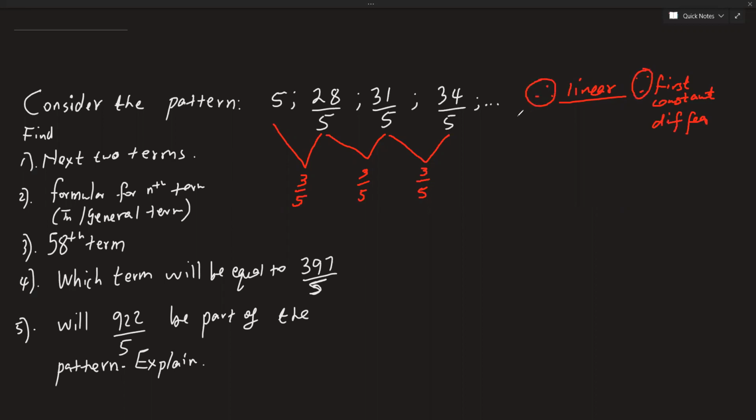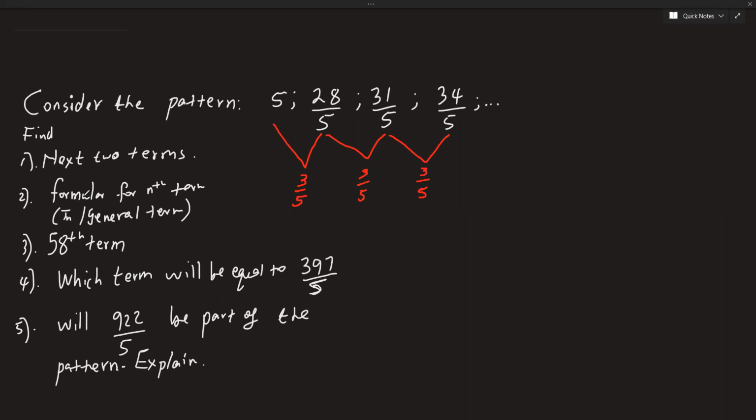Now that I know it is linear, I'll write the formula for the nth term of a linear pattern down somewhere, because I know I'm going to use it. I'll write it when we need it, to create space to work out for now.